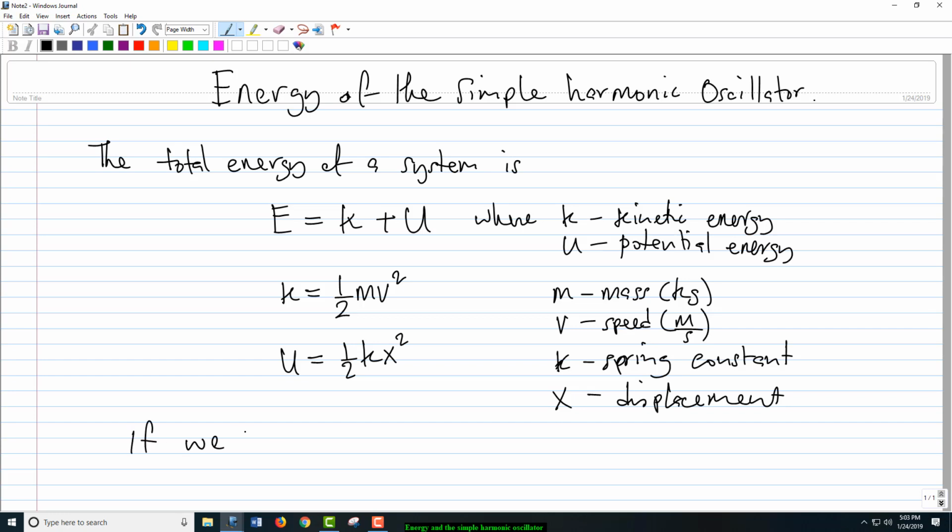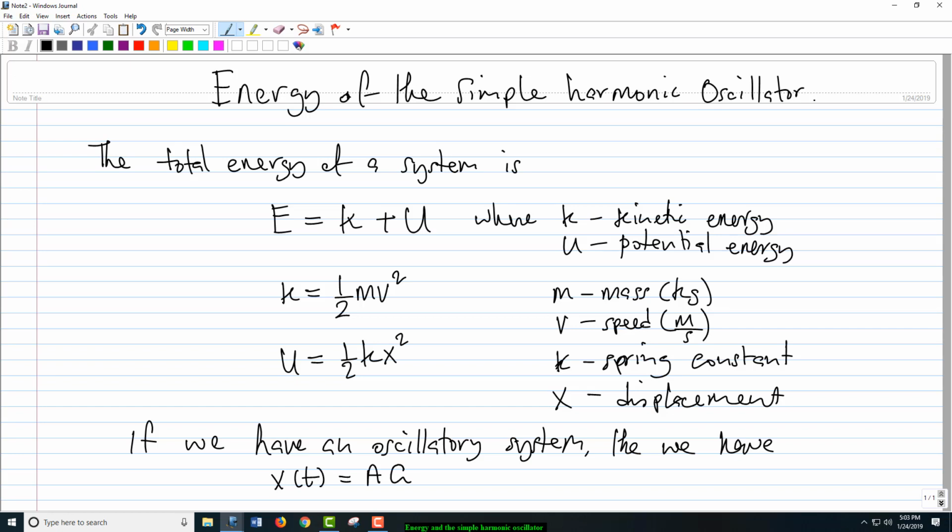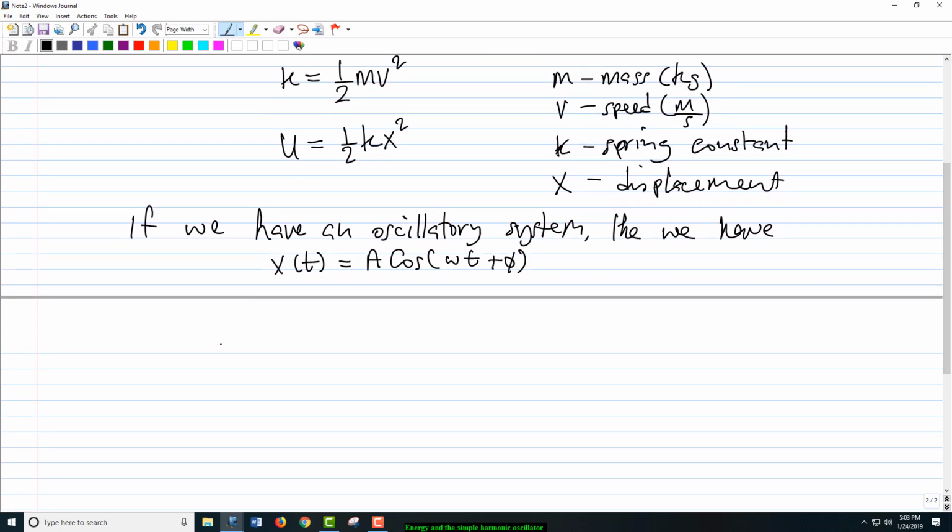So having defined all these terms, we can go on then to say that if we have an object that oscillates, then we can say that the position x as a function of time can be written as A cosine omega t plus phi, where we know that A is amplitude of the oscillation in meters, t is time, phi is a phase difference or phase angle.